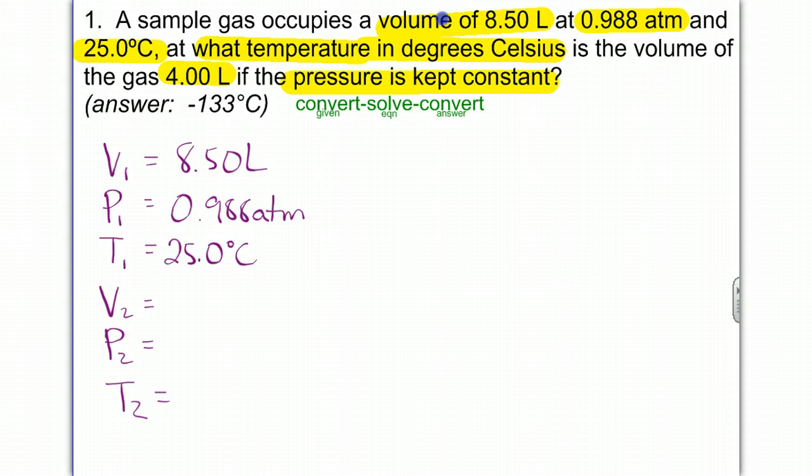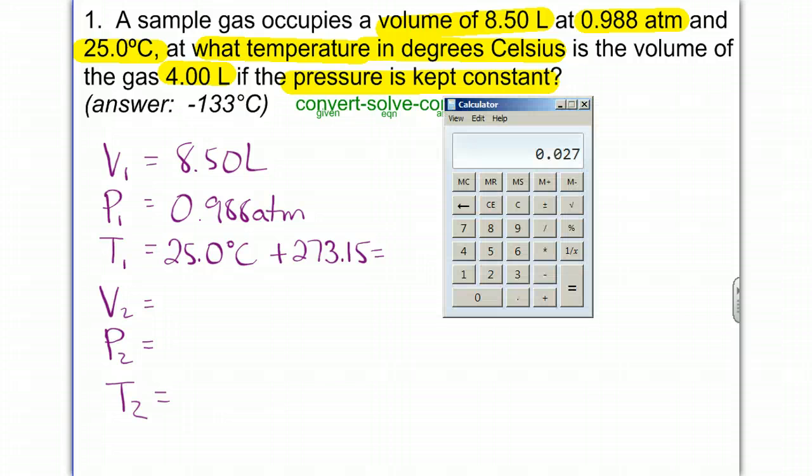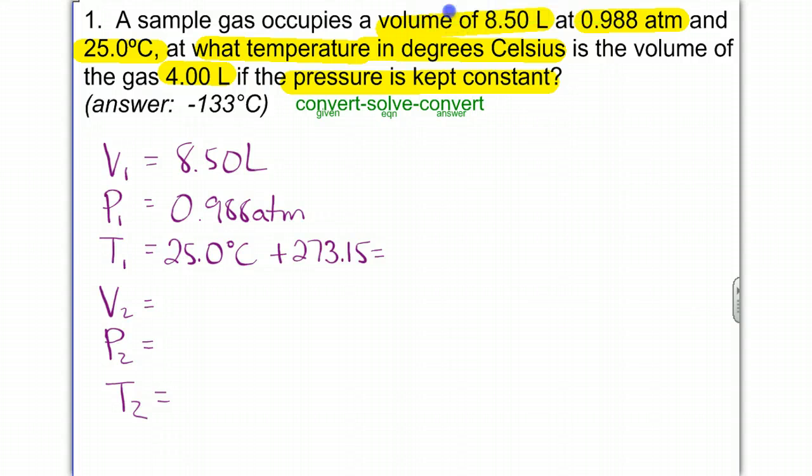Immediately, you want to go ahead and add 273.15 to Celsius to change it to Kelvin, because all calculations must be in Kelvin. So that's 298.15 Kelvin for my temperature. Okay, my second volume given was 4.00 liters.